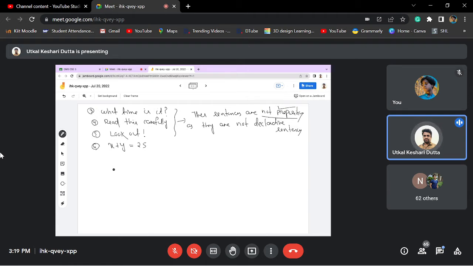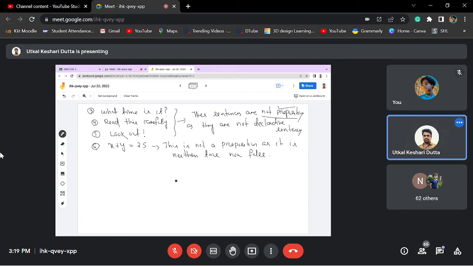But in the present situation, x plus y equals 25 is not a proposition, as it is neither true nor false.